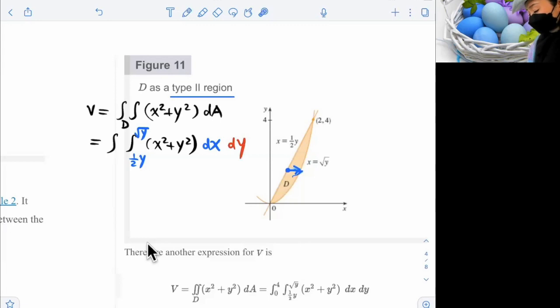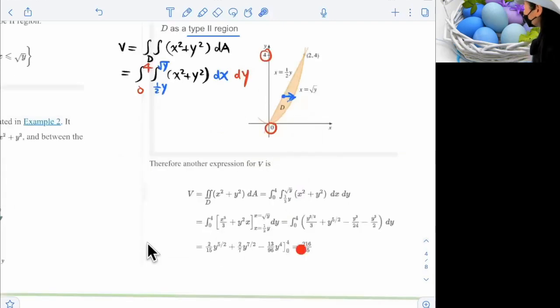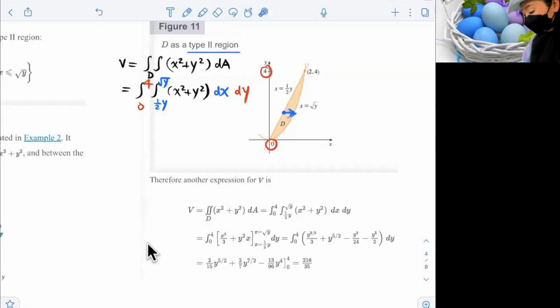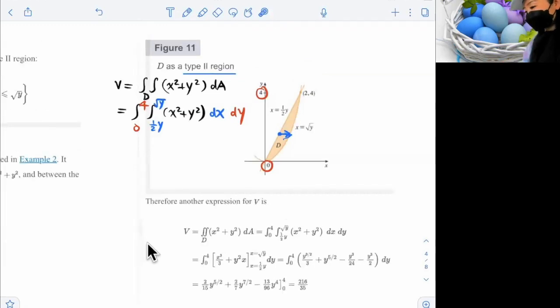y goes from what to what? 0 here to 4, right? So y here goes from 0 to 4. So if you consider this region as a type 2 region, then you can set up the integral this way. And it turns out, if you do the calculation, the answer here will be the same. It doesn't matter. So sometimes the region can be a type 1 region and at the same time also be a type 2 region, and that's possible.